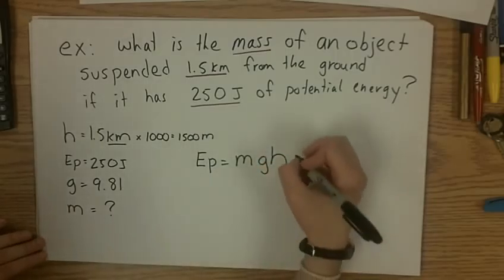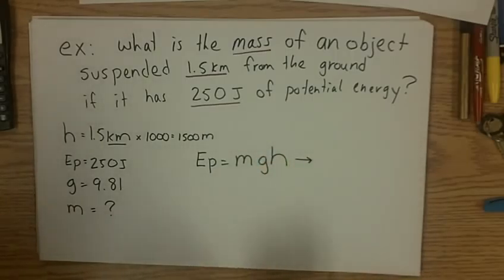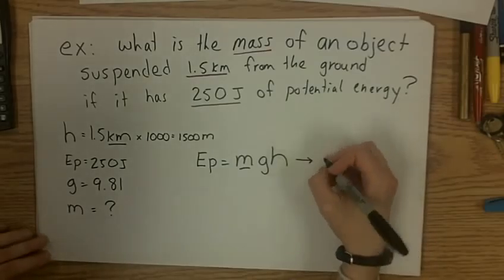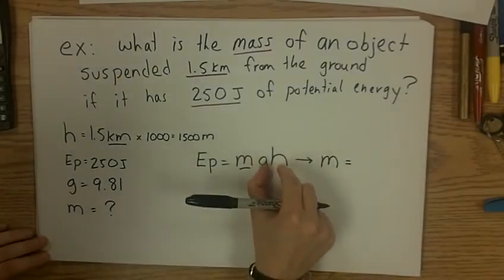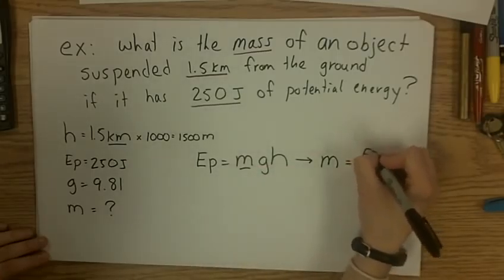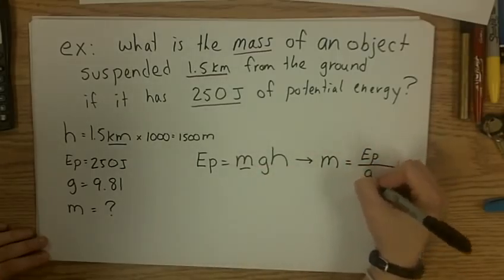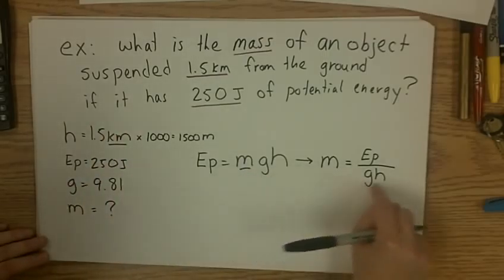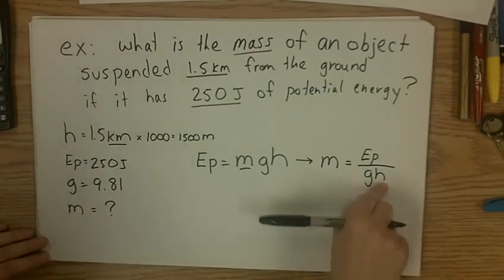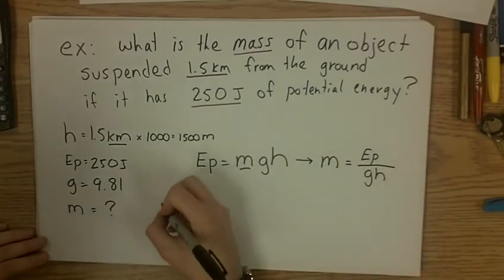The next step in LERS is to rearrange the equation. We're looking for mass, so we need to get mass on its own by rearranging the other variables. M equals EP divided by GH. So we've listed, written the equation, rearranged. The last 3 steps are substitute in the numbers, solve in the calculator, and find the correct sig-digs.